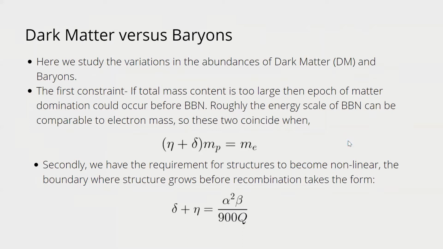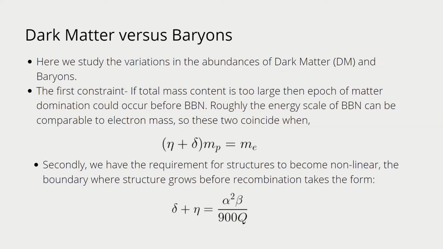The first constraint is due to the argument that if the mass content is too large, then the epoch of matter domination would occur before the Big Bang nucleosynthesis, which is kind of observed. Roughly, the energy scale of Big Bang nucleosynthesis can be comparable to the electron mass.